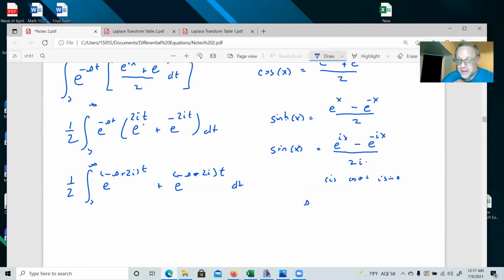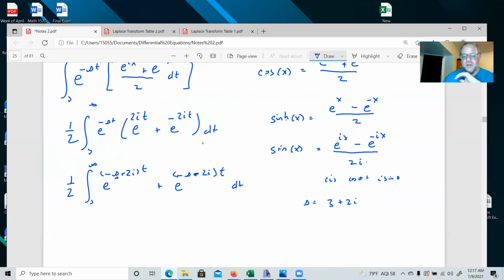So if you want to say s is equal to, in this case, 3 plus 2i, so we have negative 3 minus 2i plus 2i, that integral is going to converge. That's fine. So you're allowed to set s to anything you'd like. I'm not going to worry about it just yet, though. We're just going to know that we can set it to be anything convenient, as long as the integral converges. It's the only thing that matters.